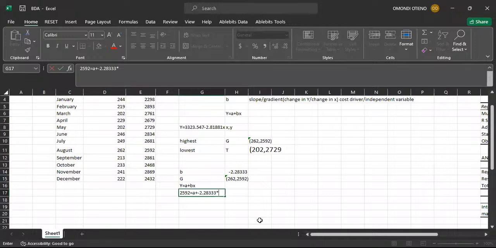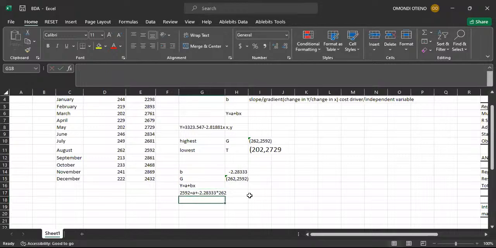We've picked the G pair. It is X comma Y. What are we going to use as X? 262. So if that pair is taken, 262, that is the workings that we have.